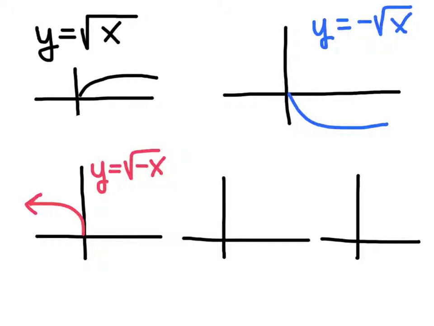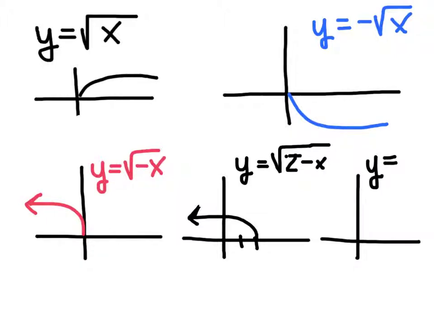If you were to take that function and put, let's say, 2 minus x inside of it, that's going to shift the graph to the right 2, and it's going to flip it across the y-axis. And if I were to take that function and add 1, it would simply move it up 1.